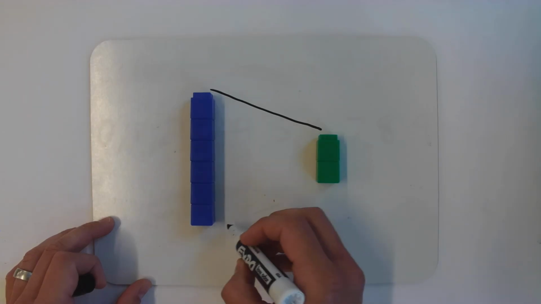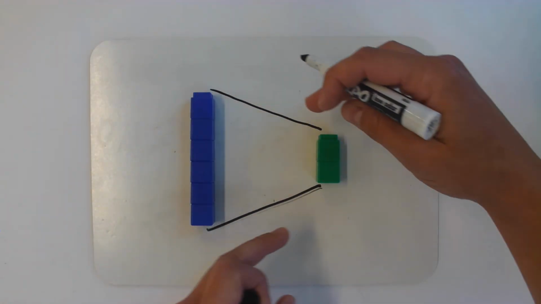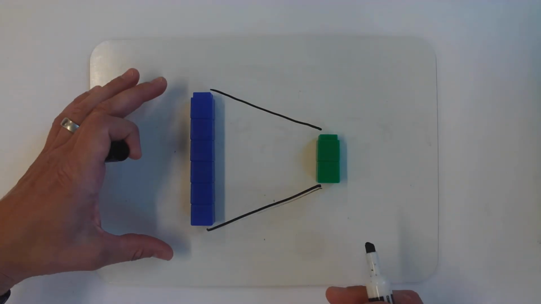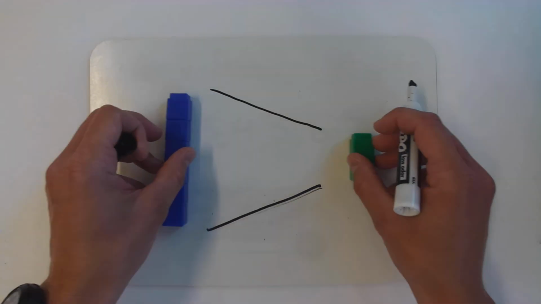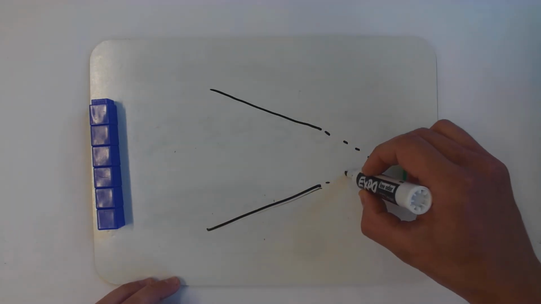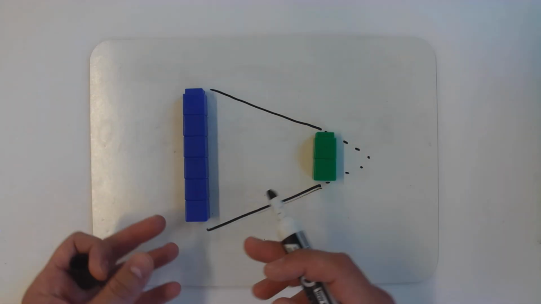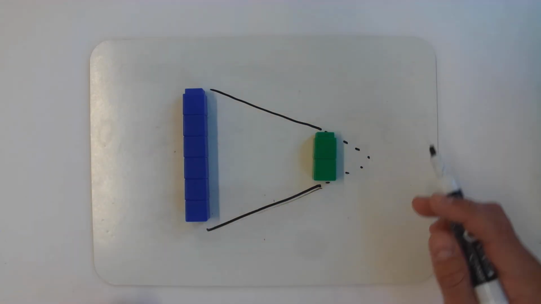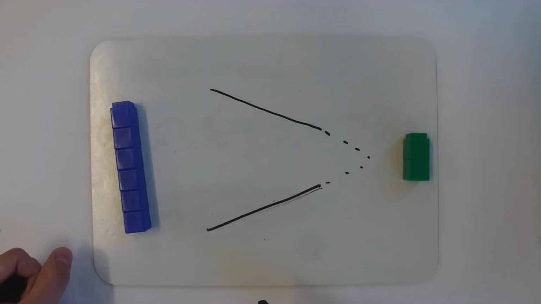I'll show the reverse case as well to show you can use it for both. This works better if one value is a bit larger than the other. If we take these away and continue this line, when we connect those lines, this forms the greater than symbol. 6 is greater than 2.